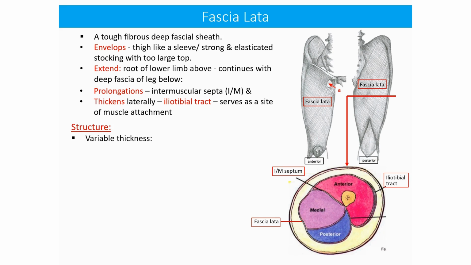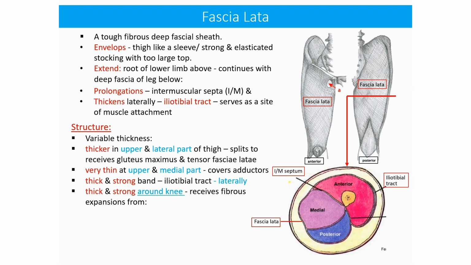As regard its structure, it is of variable thickness. It is thicker in the upper and lateral part of the thigh, where it splits to receive gluteus maximus and tensor fascia latae muscles. Very thin at upper and medial part, where it covers the adductors of the thigh. Thick and strong laterally, where it forms the iliotibial tract.